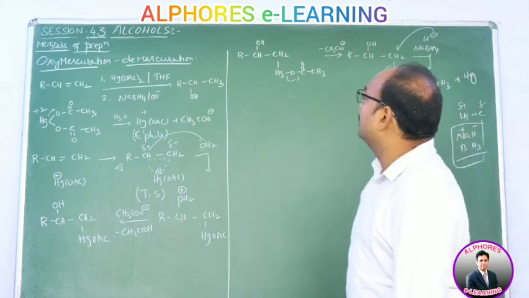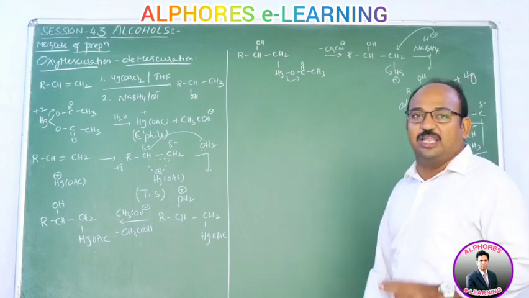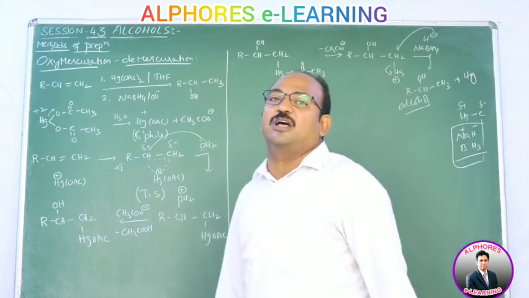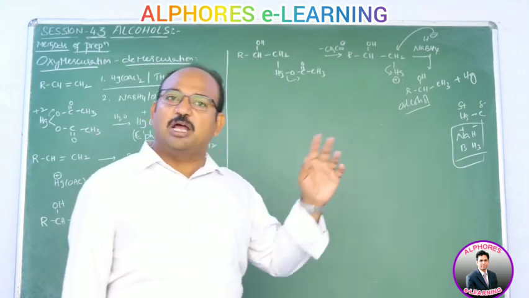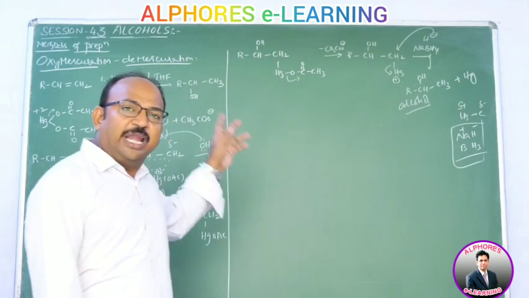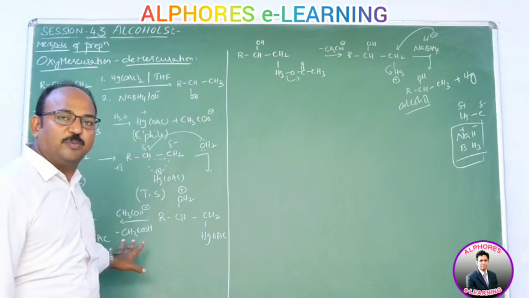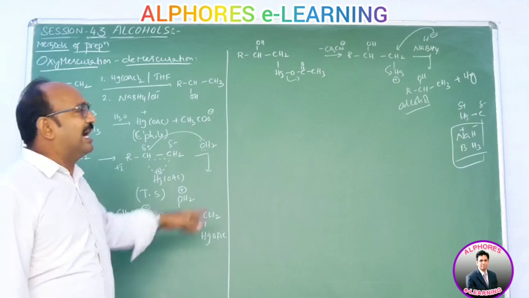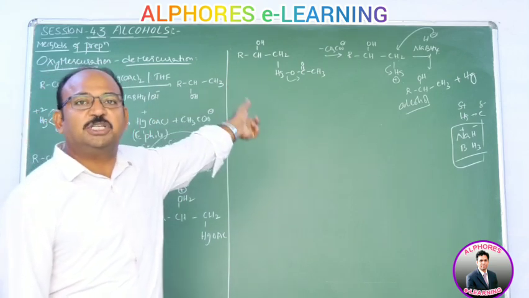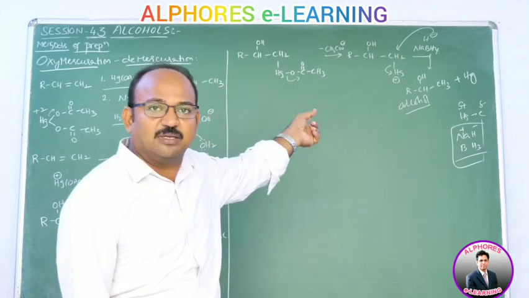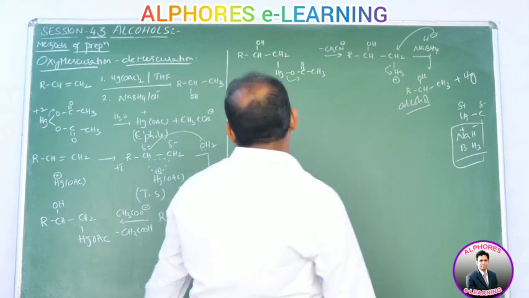So in oxymercuration, demercuration, it is indirect addition of water, and you get a Markovnikov product, but the addition does not proceed that way. Only in oxymercuration does Markovnikov addition proceed, and later there is no more addition, that is substitution. And instead of H plus, we get H minus. Right?